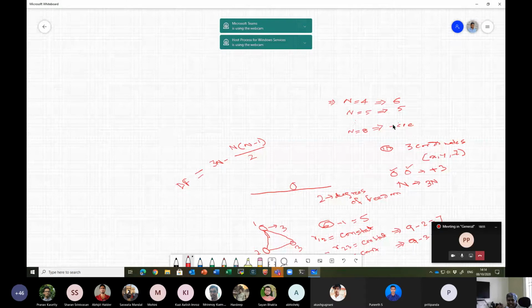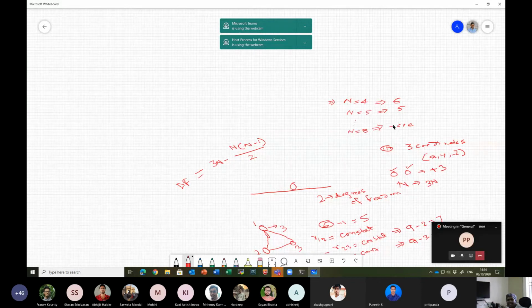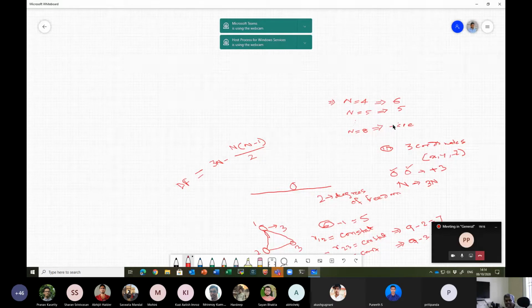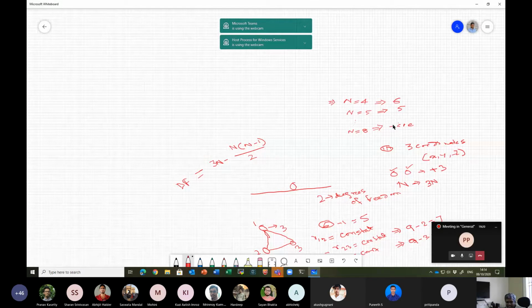So basically, for every system, if you have 3 particles or n number of particles, you actually need a minimum number of degrees of freedom to describe the system or hold the objects. As a result, some of these degrees of freedom become redundant.